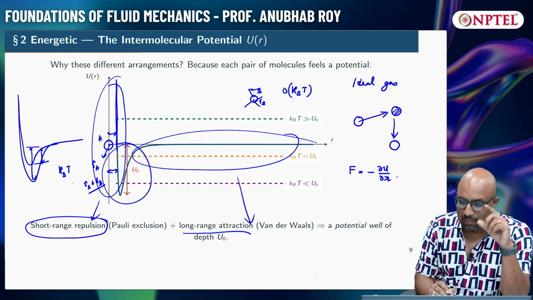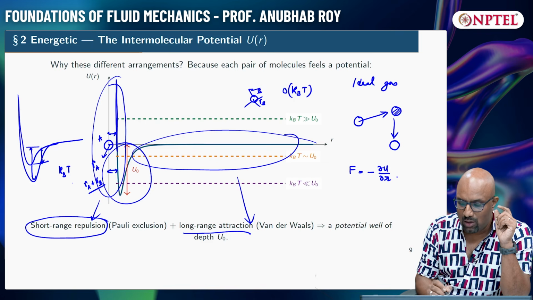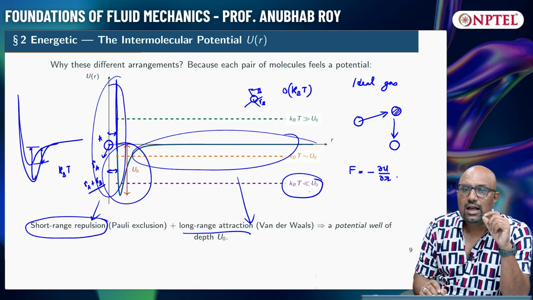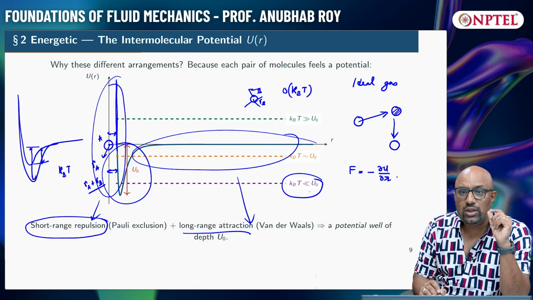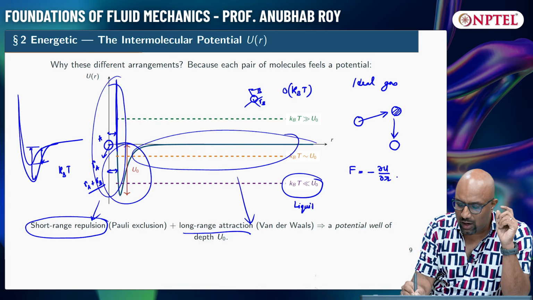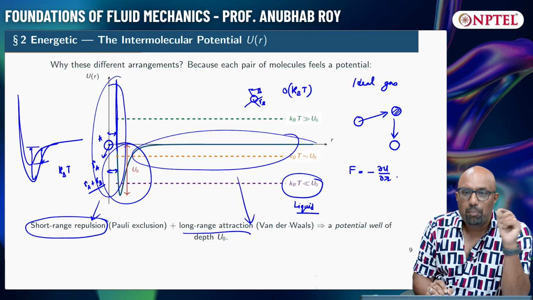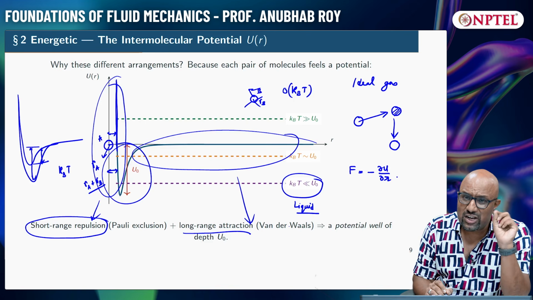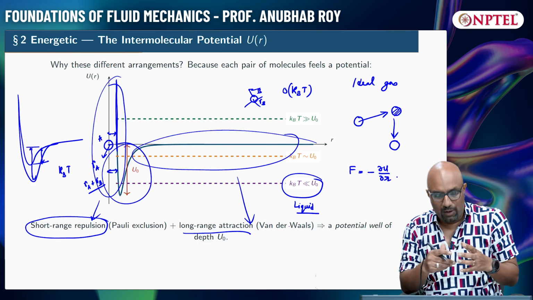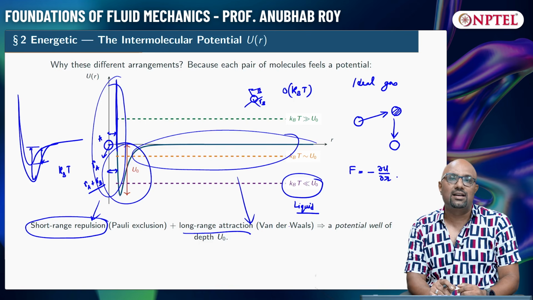So if the thermal energy scale was extremely small compared to the potential energy well depth, you are going to get a liquid, because the thermal fluctuations are extremely weak and you are not exactly able to move out of your nice crystalline arrangement.